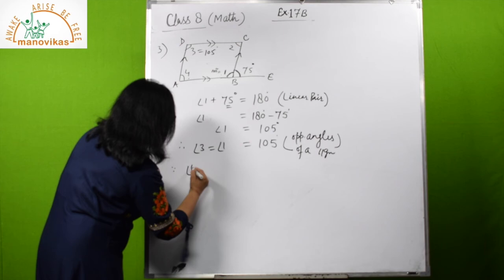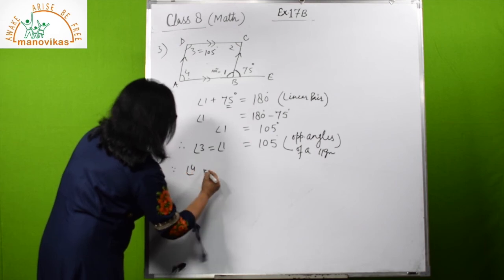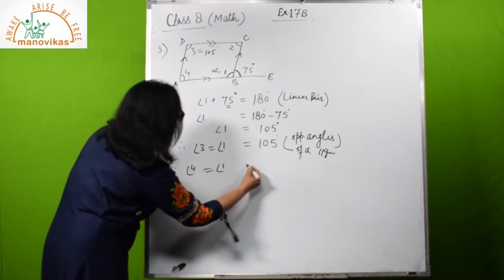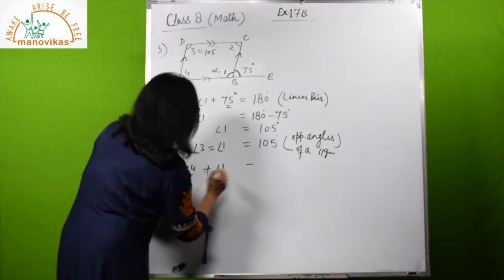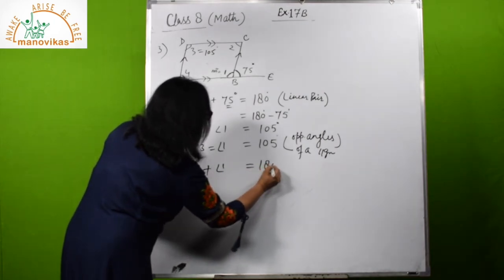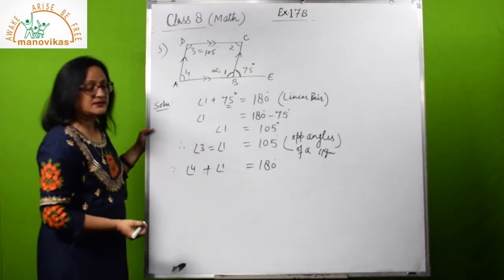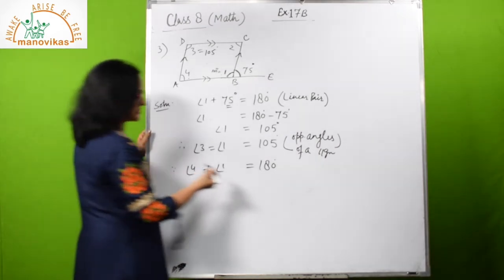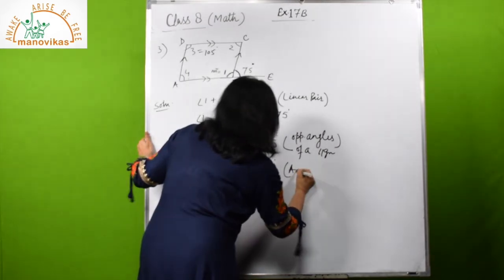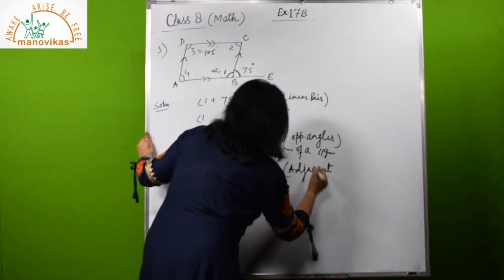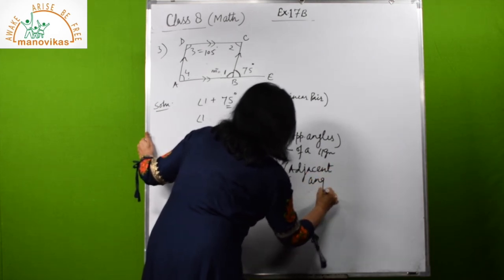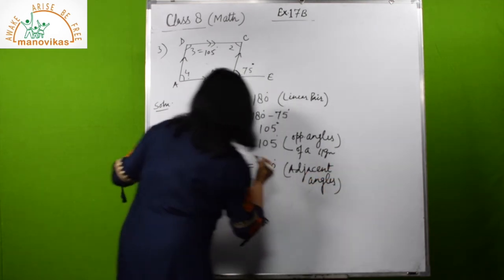Angle 4 plus angle 1 is equal to 180 degrees. What's the reason? They are adjacent angles. So you will write the reason here. They are adjacent angles, so their sum is equal to 180 degrees.